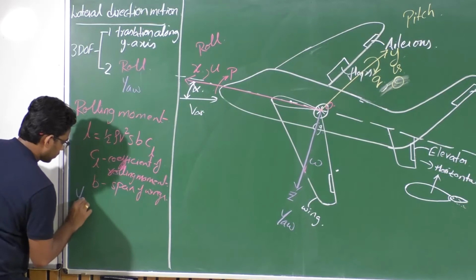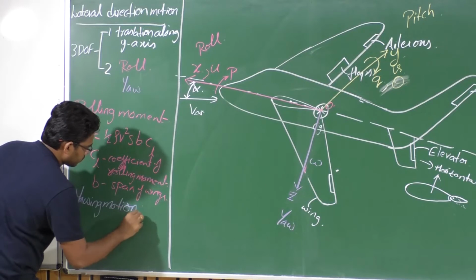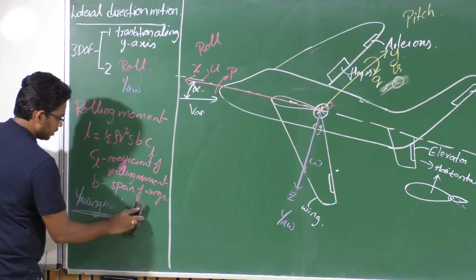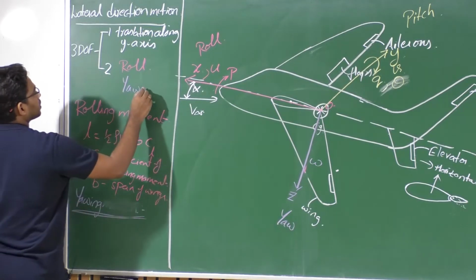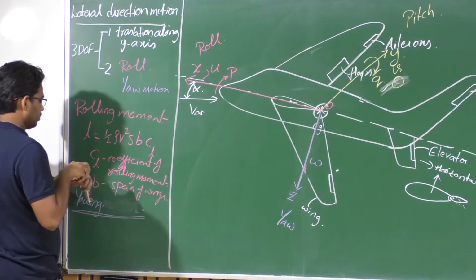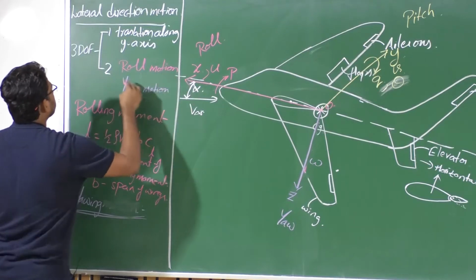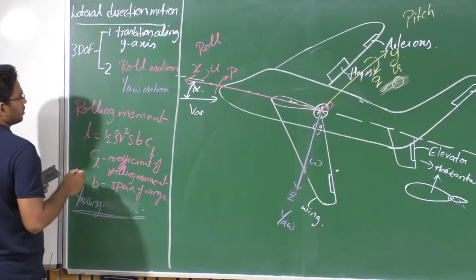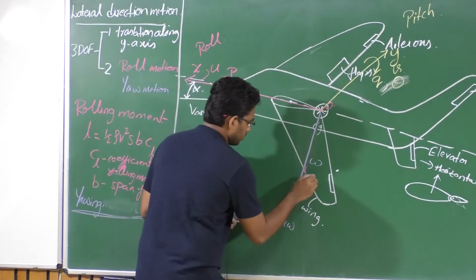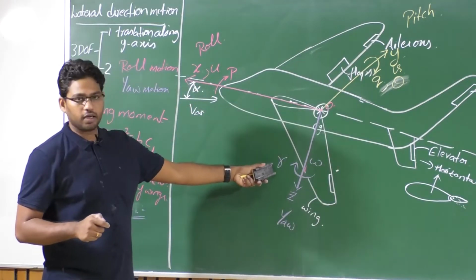That is known as yawing motion. So this is rolling motion, which is rotation about the x-axis, and rotation about the z-axis is yawing motion, and the corresponding yaw rate is given by r.